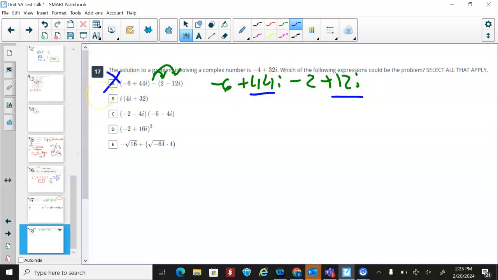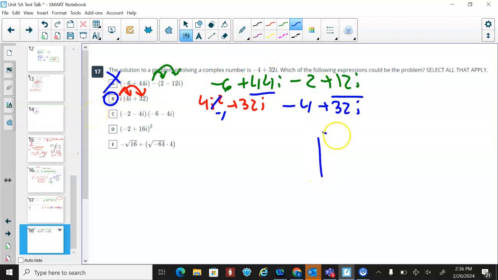So A, it's not correct. All right, B, I am distributing the i to both. So this is going to be 4i squared plus 32i. Well, it kind of looks familiar, but now we're going to replace the i squared with a -1. So now this is going to become a -4 plus 32i, which does match our answer.